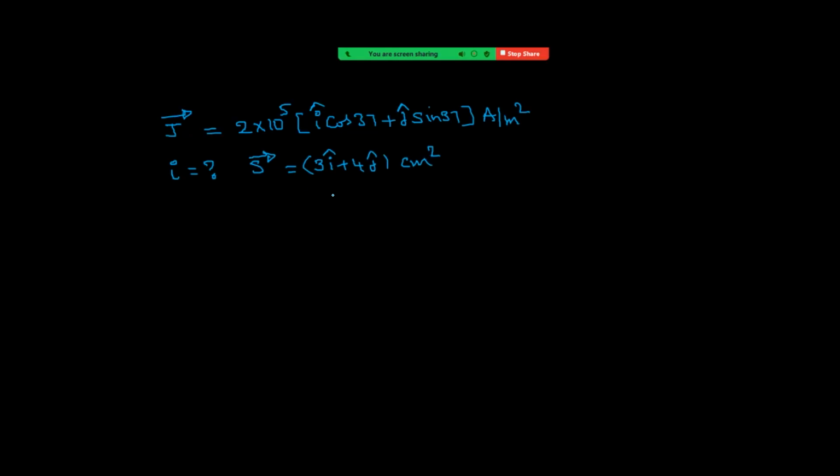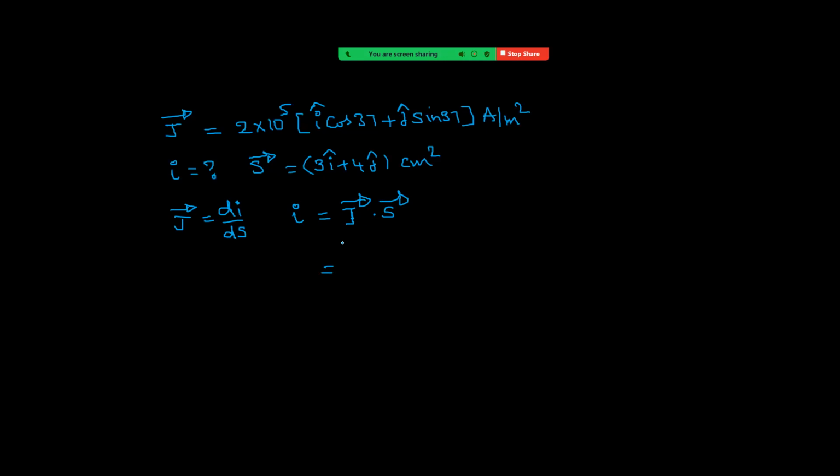This is simply a point because the area is very small. By the definition J bar equal to di by ds, here I can write directly I equal to J bar dot S bar, because throughout this area J bar is the same.